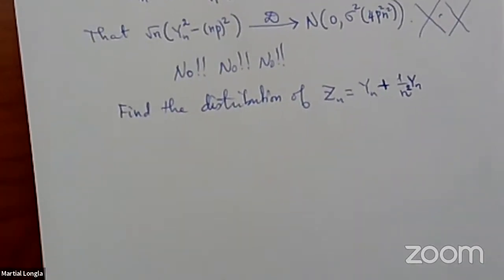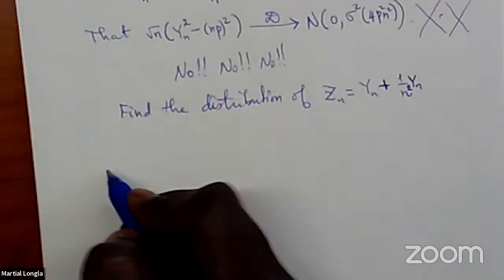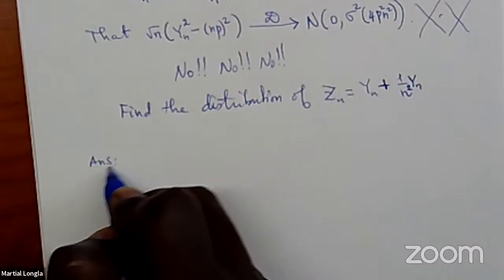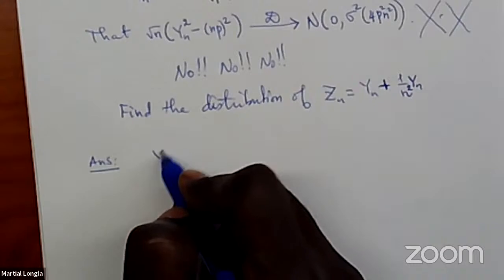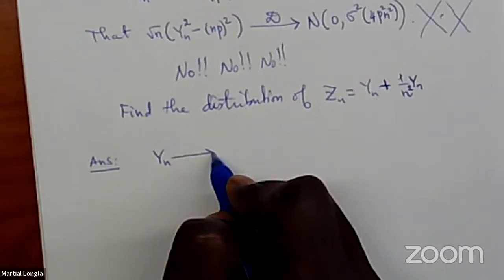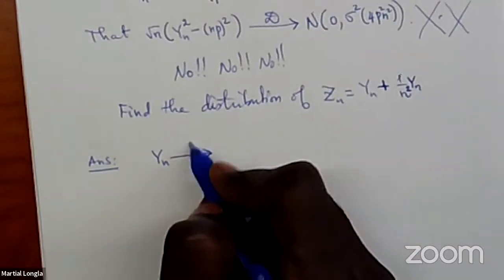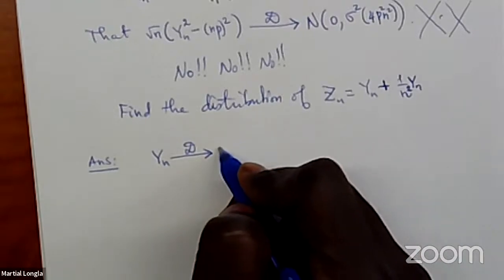So if I ask you to find this other guy, what would you do? You would say, we have shown already that Yn converges in distribution to Poisson.